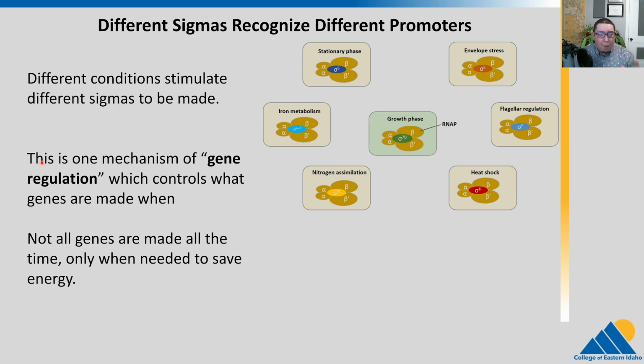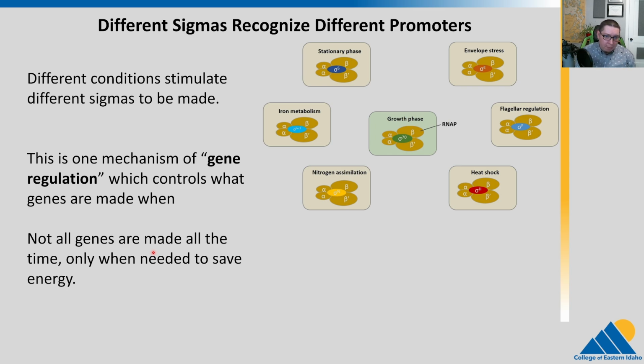So these sigma factors are one of the mechanisms of gene regulation, which is controlling what genes get made and when. So not all genes are made all the time, right? That makes sense. I talk about it this way. Cells need to save energy, right? There's a limited amount of resources in the environment. Cells don't want to waste energy. Think of it this way.